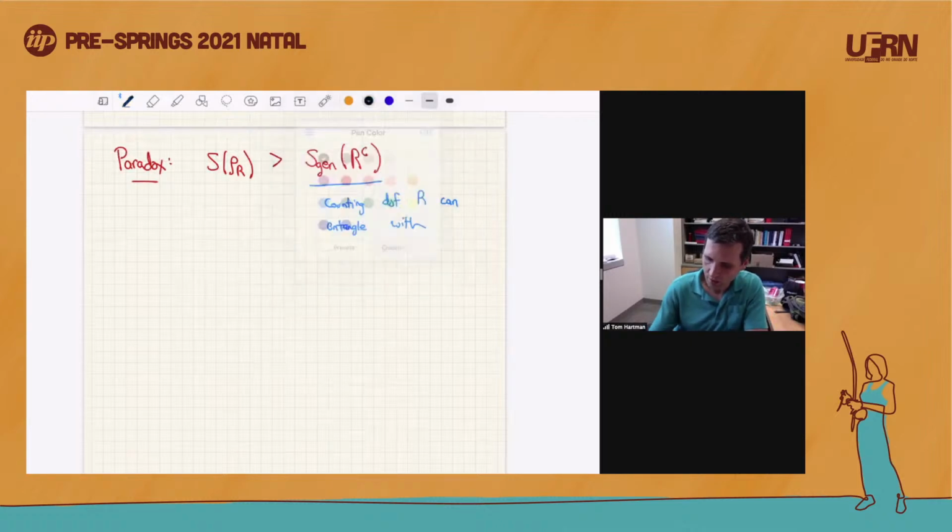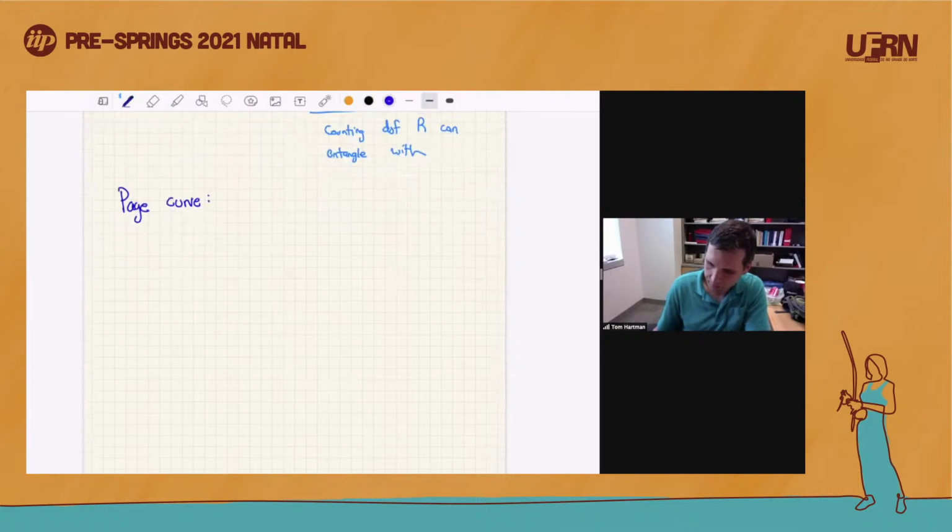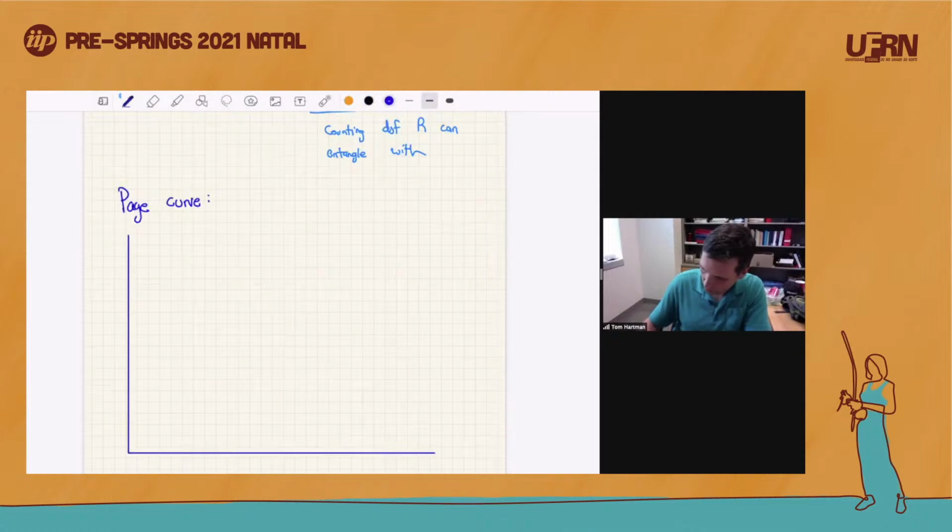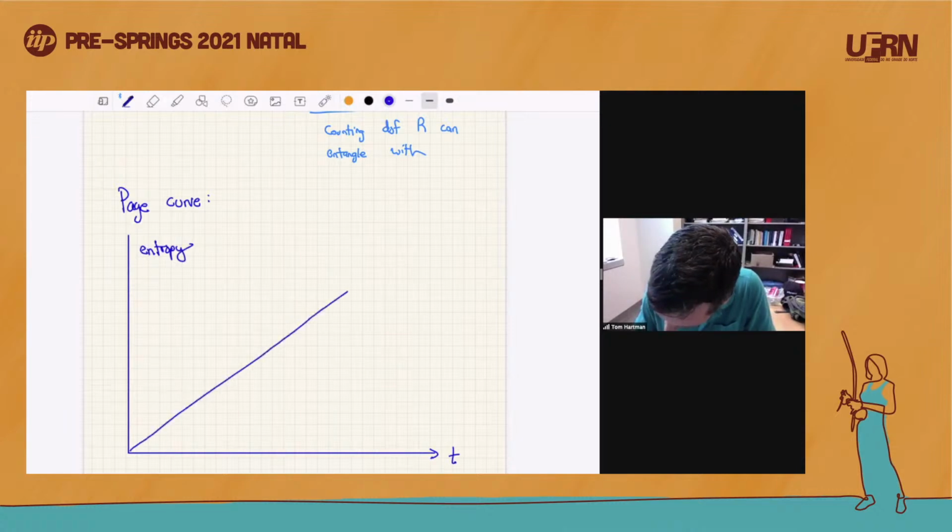Now I can plot the Page curve for this problem. So we'll look at the entropy as a function of time. Let's first plot the linearly growing entropy that we just calculated.